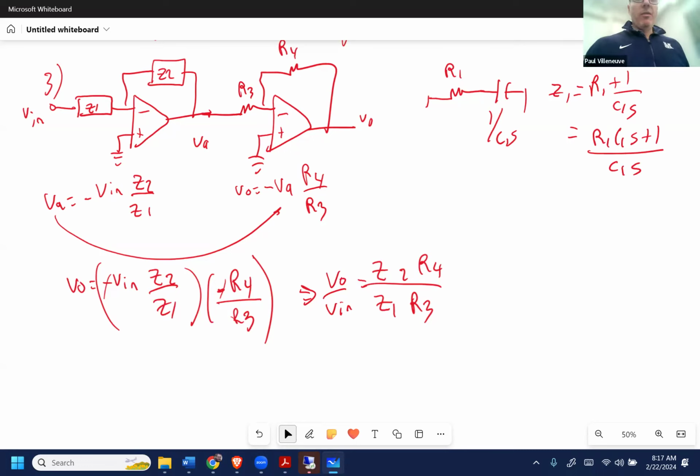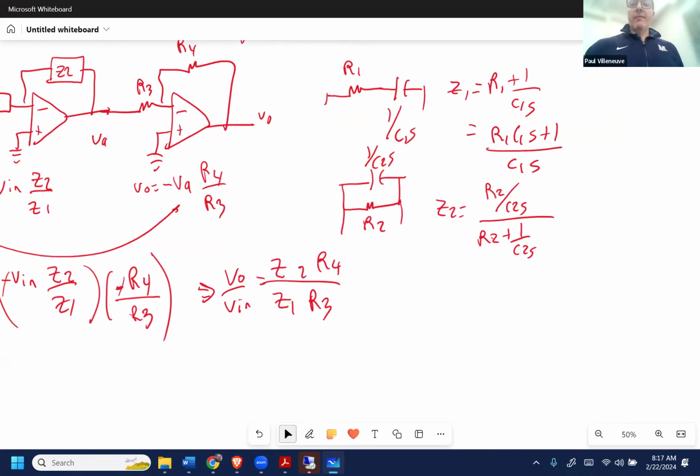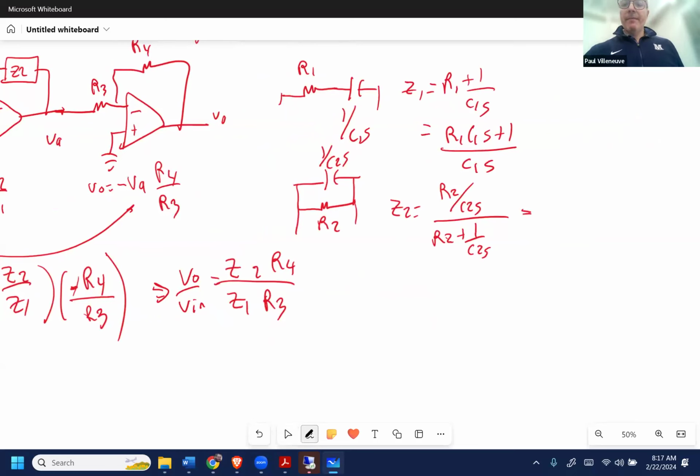My Z2 is going to be equal to a capacitor and a resistor in parallel. So my Z2 is equal to product over sum. So R2, again, common denominator. End up with that.